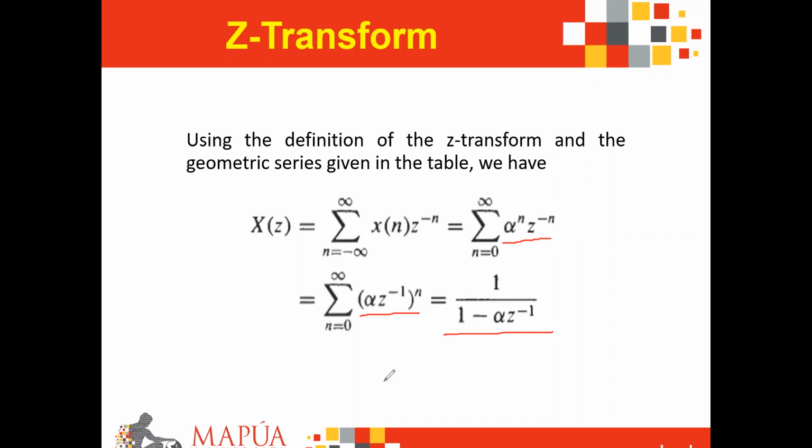That's the basic transform there, no? When you have an alpha of z raised to negative 1. Okay? And technically, you could actually prove that, no, to be equal to 1.